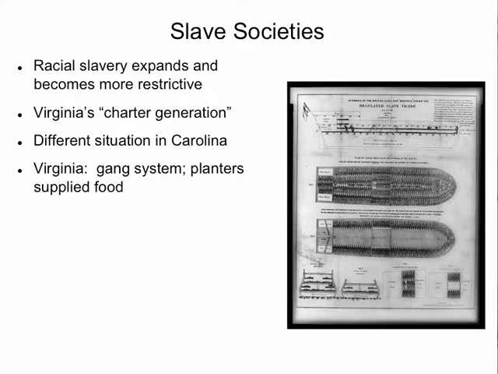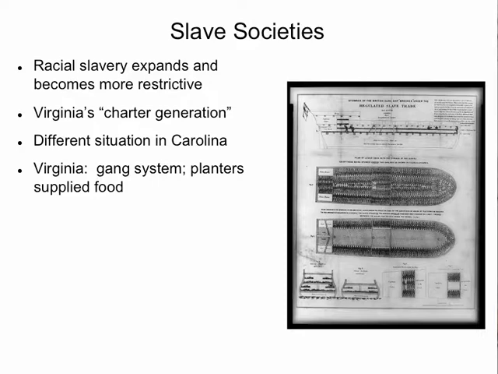Now, it was not really great food. The staple foods of the slave diet were grits and pork, but they were given the parts of the pig that essentially the white people didn't want. So they got the fat back, the pig's feet, and of course the intestines, and so the chitlin was invented from fried pig intestines.